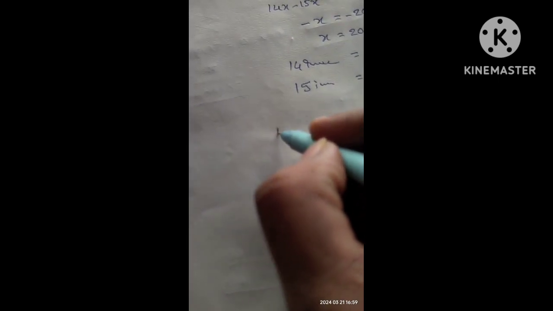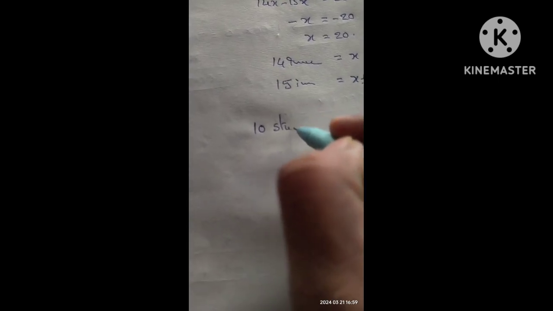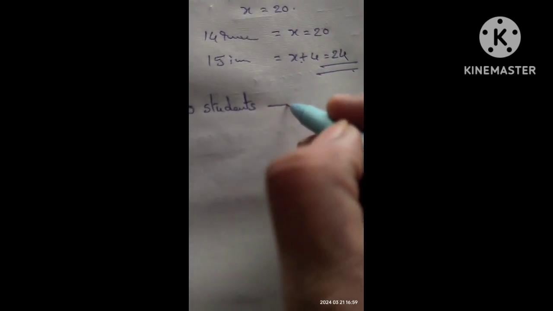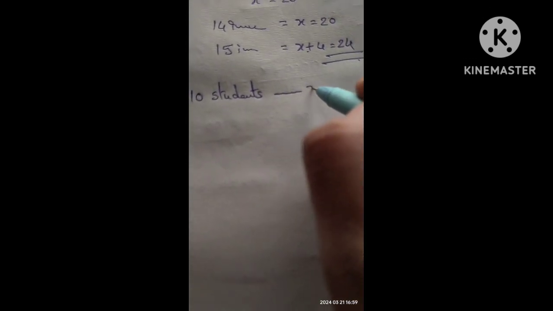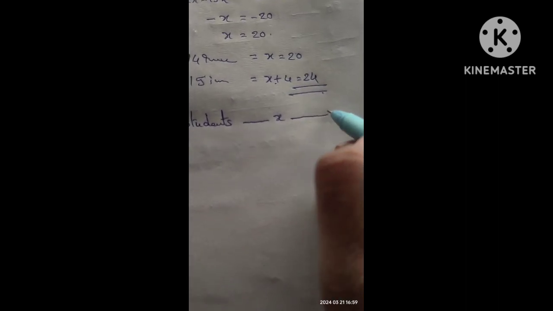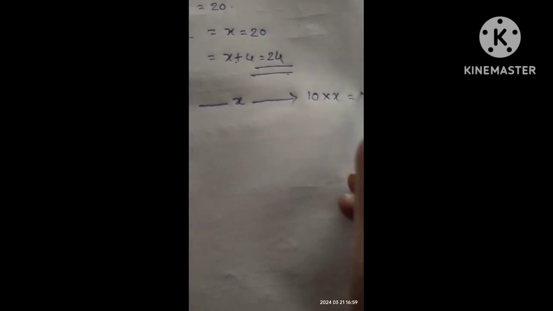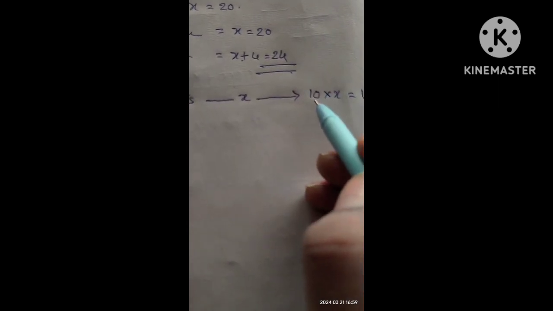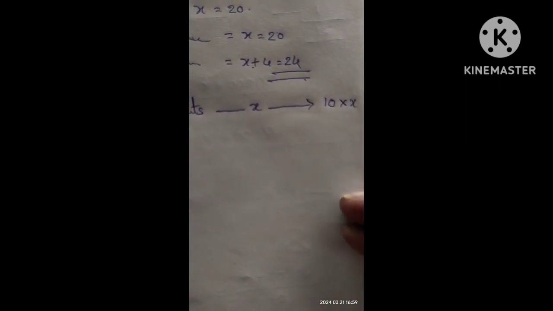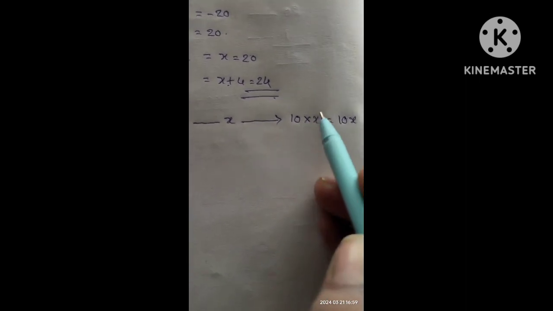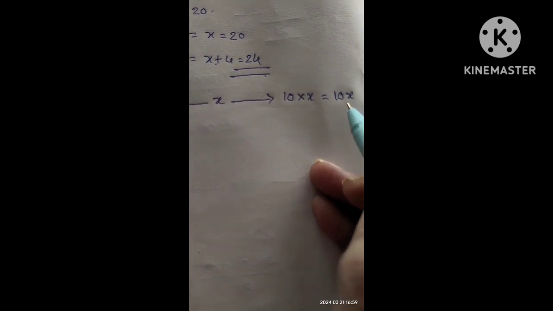So first of all, there are 10 students. We don't know what their average is either, so take it as some x. Then the weight of the 10 students will be 10 into x, which is 10x, that is, average into number of students. It gives the sum of the observations, and here the observation is weight. So the weight of the 10 students is 10x.